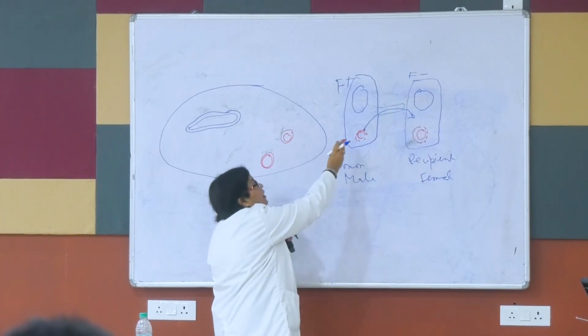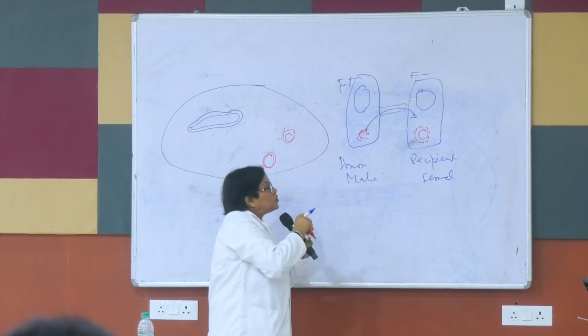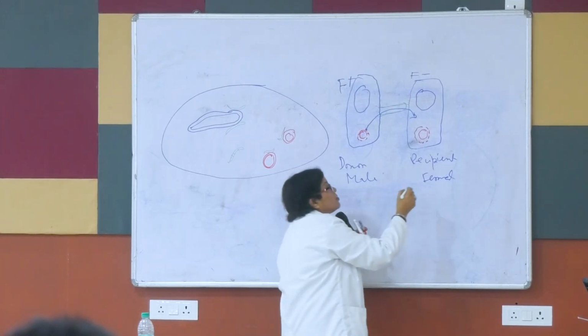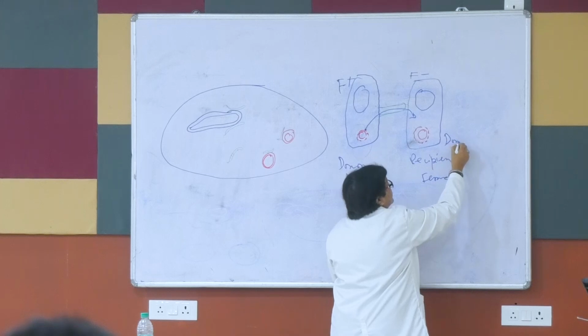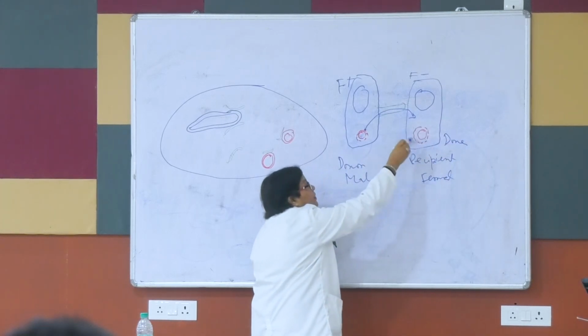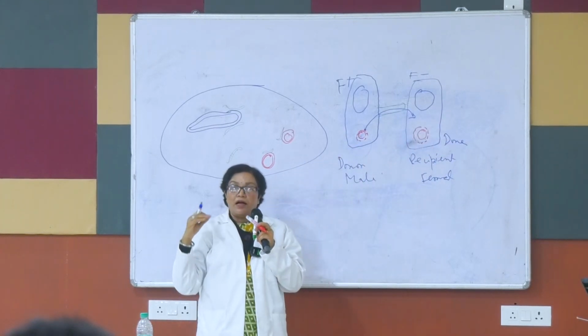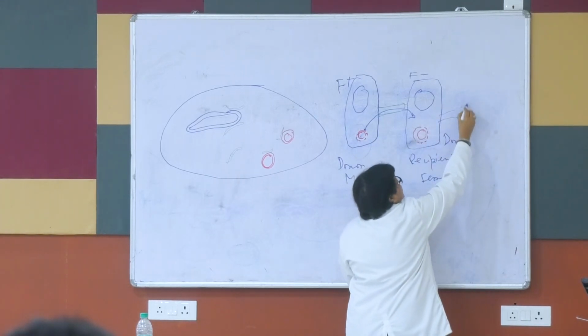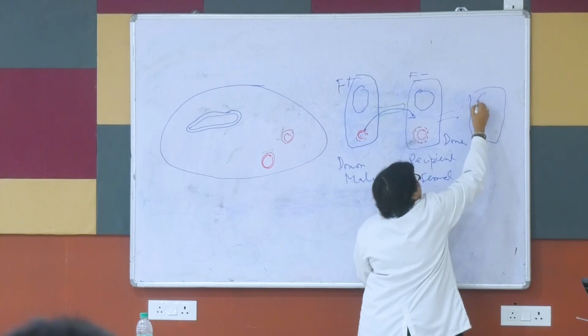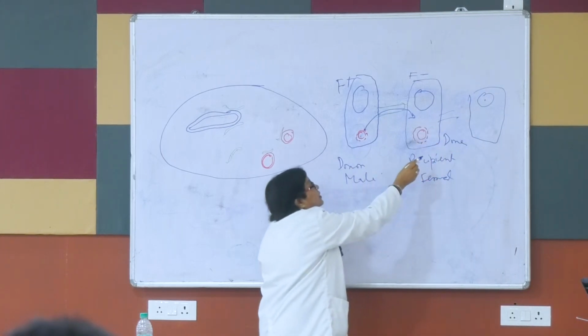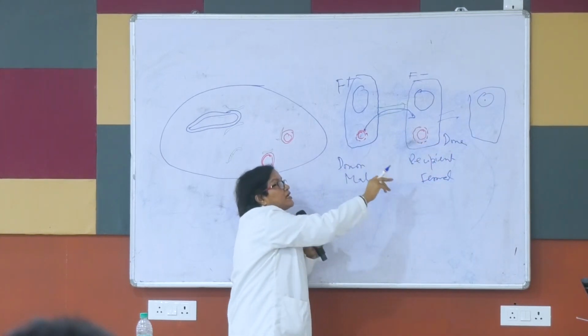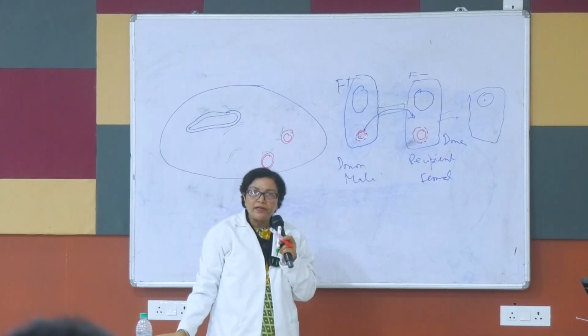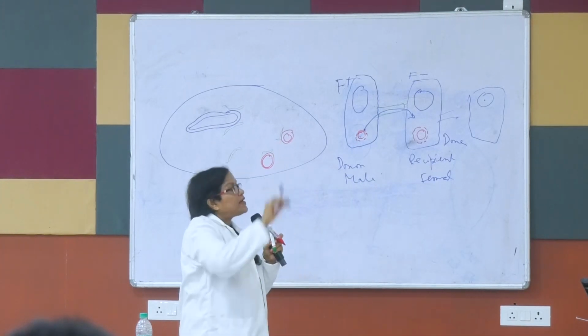Now this is also like this. So it is now a donor, as it has the same character of plasmid which can produce the sex pilus for the next bacteria. Previously without plasmid it was recipient, female, F minus.